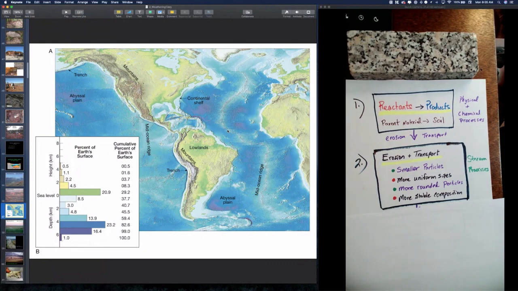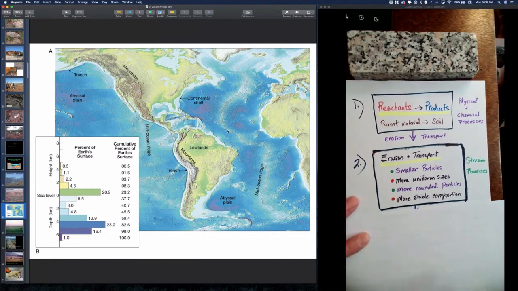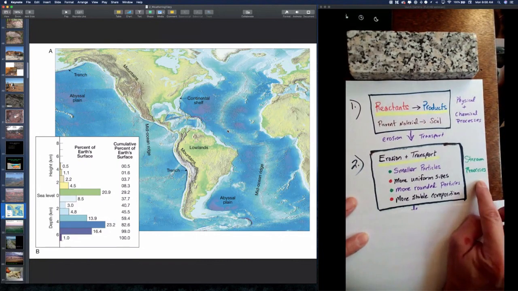So it's happy at low pressure, low temperature, in the presence of oxygen and water. But the basalt and the olivine and the biotite and all those minerals that formed in igneous rocks are extremely unhappy at the Earth's surface. They break down. Okay, so in this case, we've got stream processes doing this mostly.